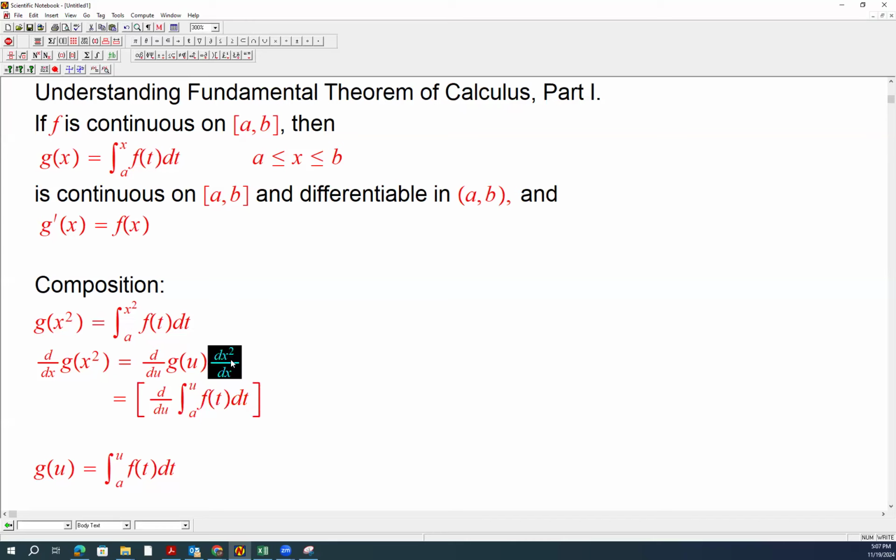And the other part is d x squared dx, which is just 2x.